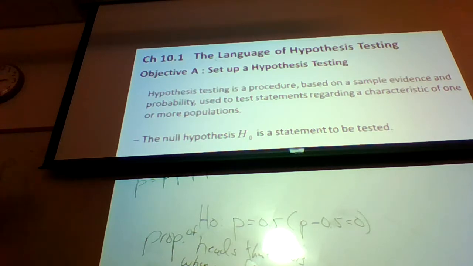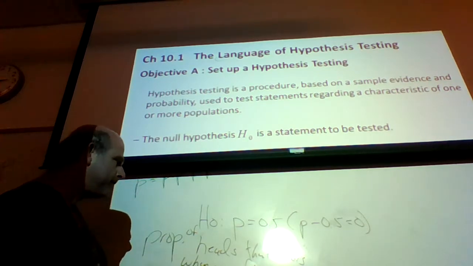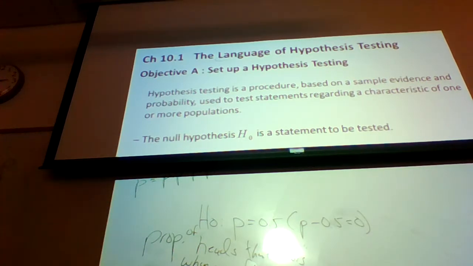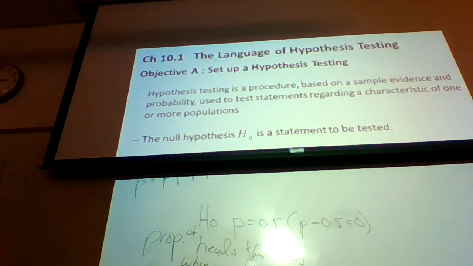This is the proportion of heads that occurs when you're flipping a coin. And the value is 50%, right? 0.5. You want to write this as a proportion. You don't really want to use these as percentages. Any questions on that? And the value is a proportion.